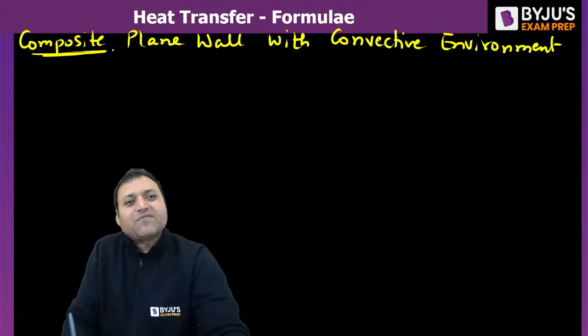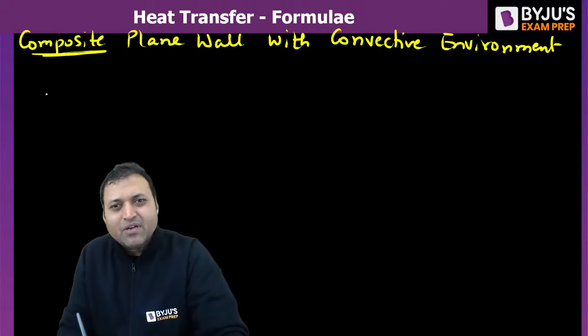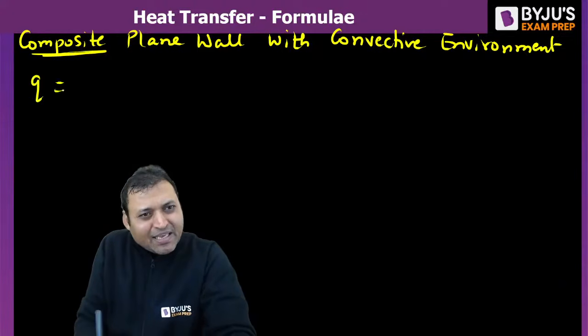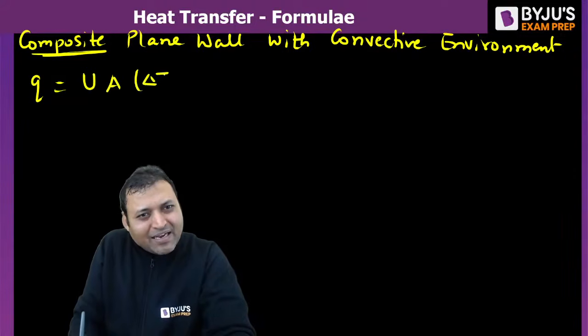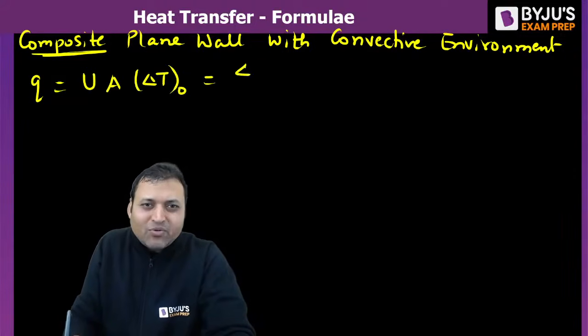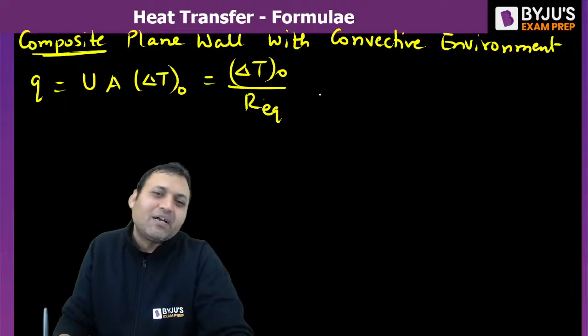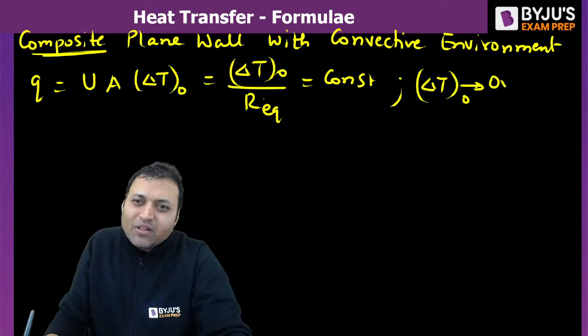Multiple modes of heat transfer, conduction as well as convection, and the system is a composite system. For a composite system involving combined modes of heat transfer, we can say Q is equal to U into A into delta T overall, which is equal to delta T overall upon equivalent thermal resistance. That remains constant, where delta T overall is called the overall thermal potential.